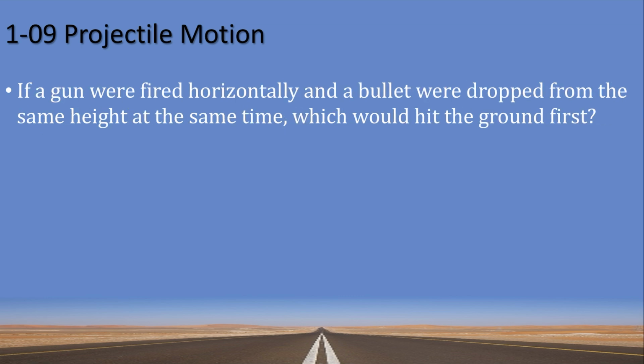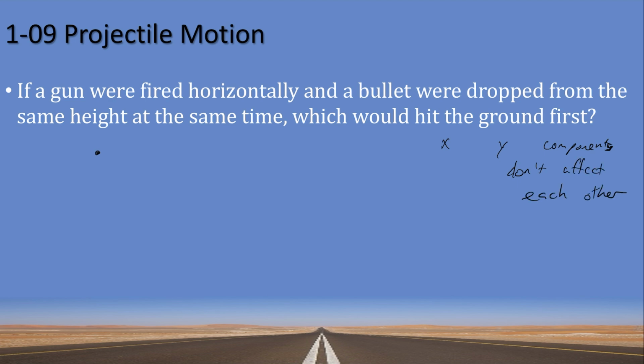If a gun were fired horizontally and a bullet were dropped from the same height at the same time, which would hit the ground first? Well, the x and y components don't affect each other.